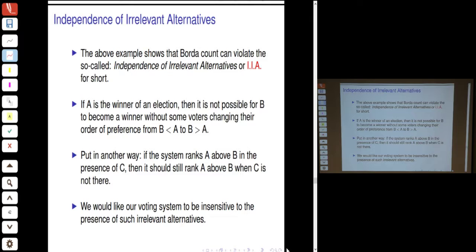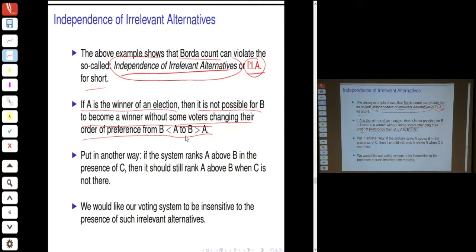So the above example shows that Borda count can violate the so-called independence of irrelevant alternatives, or IIA, property. So what does IIA stand for? IIA stands for the following: if A is the winner of an election, then it is not possible for B to become a winner without some voters changing their relative preference from A to B. Okay?